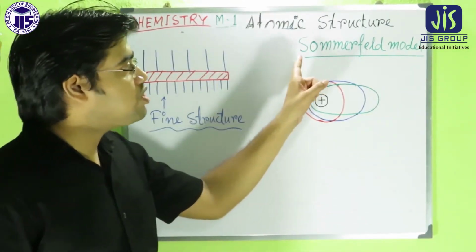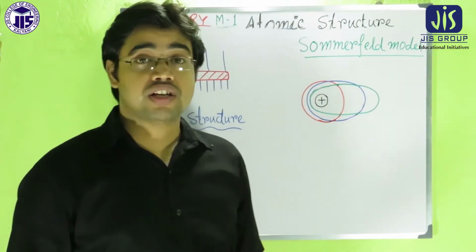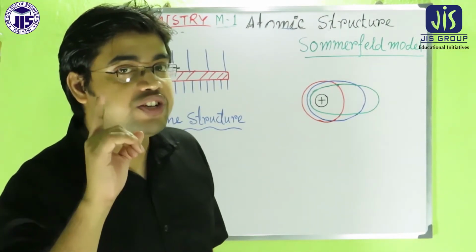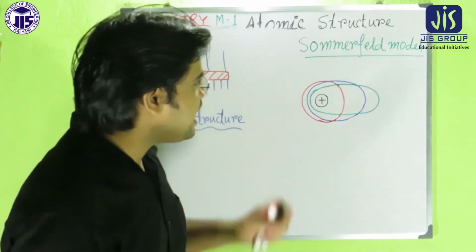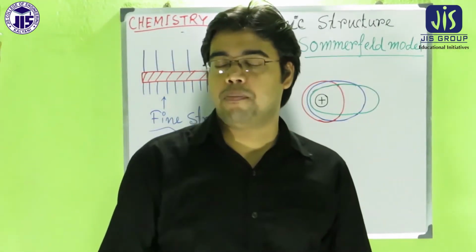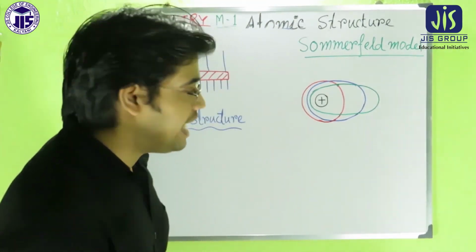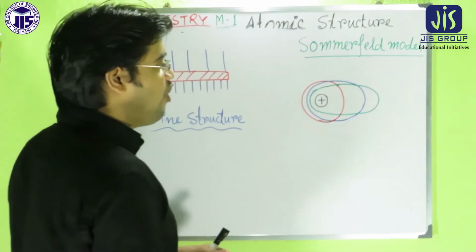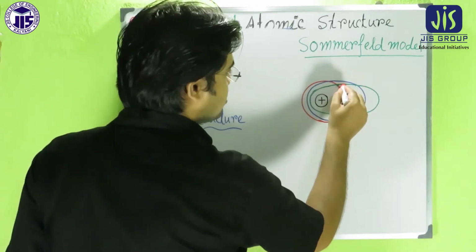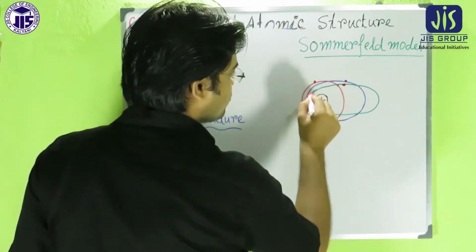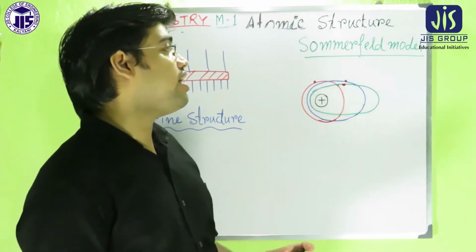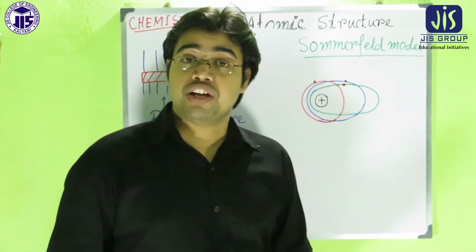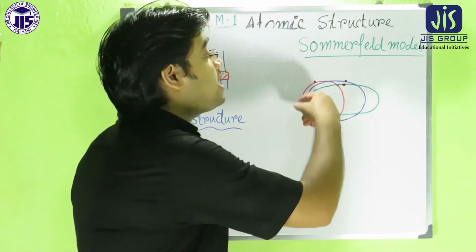According to Sommerfeld, there was some kind of sub-energy level in the atom, and Sommerfeld introduced a new quantum number. Sommerfeld told that the electron revolves around the nucleus, not only in a circular pathway. Actually, the circular pathway is a special case of the elliptical pathway.